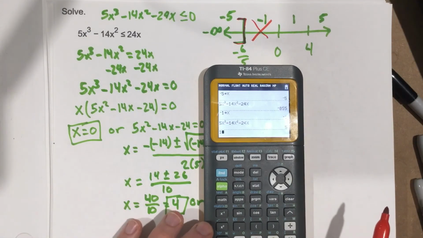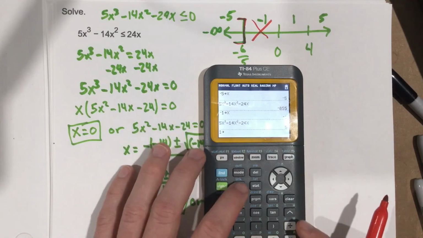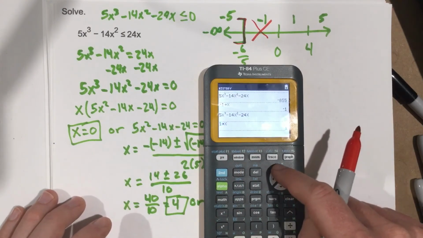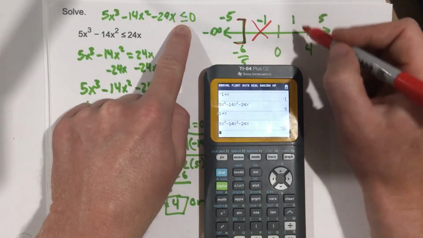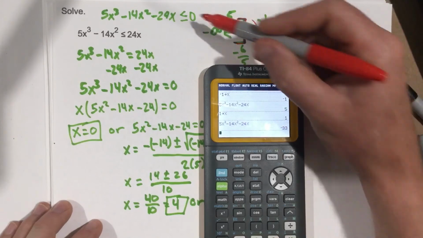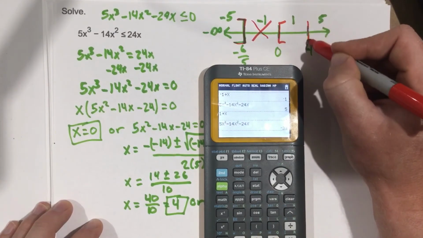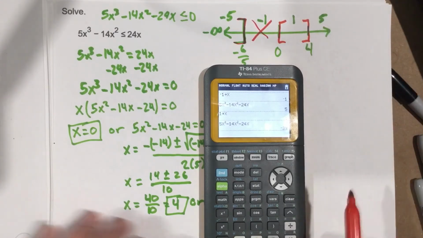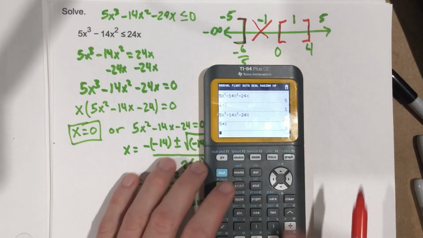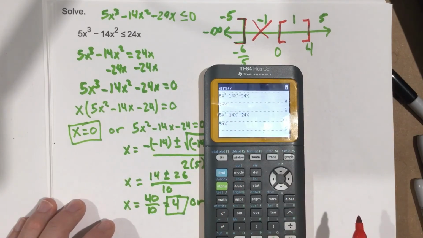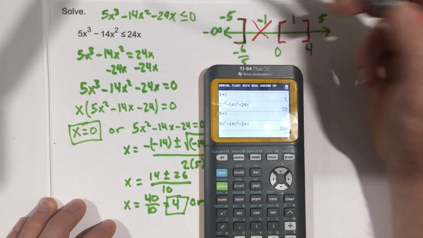So now I'm going to use 1 stored as x. Negative 33 is less than or equal to 0. So this area will work, and because it says equal to, I'm going to go from root to root. And finally, we're going to do 5 stored as x. And that's a positive number, which is not less than or equal to 0.